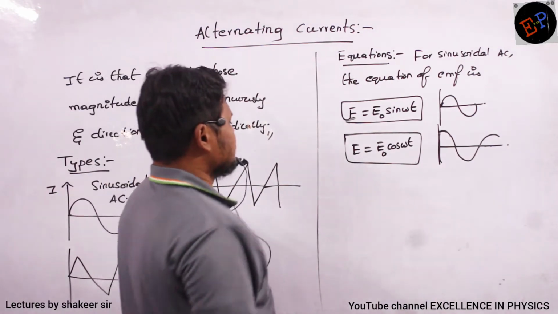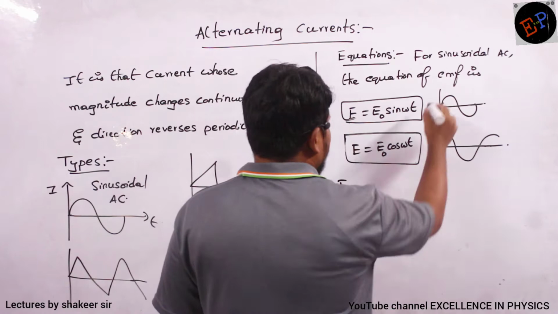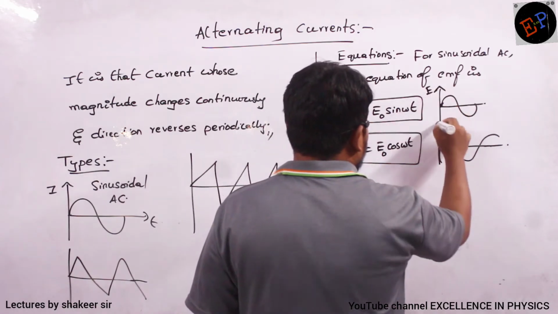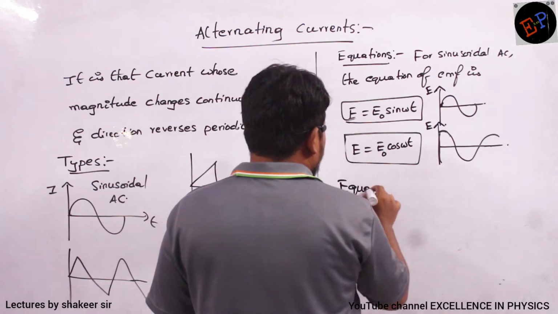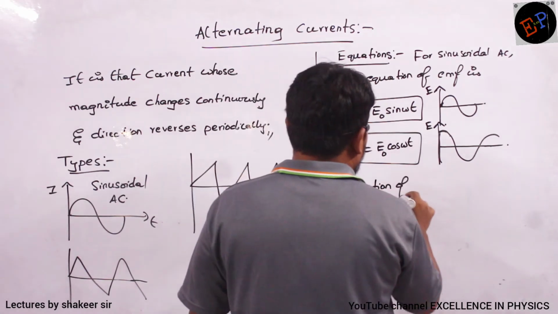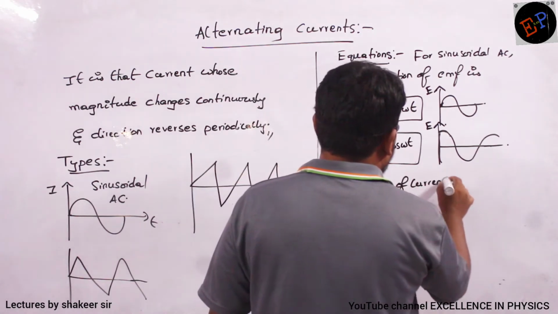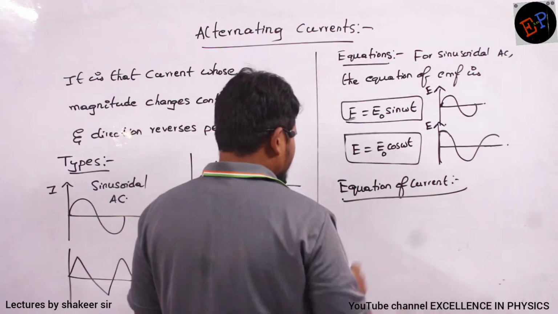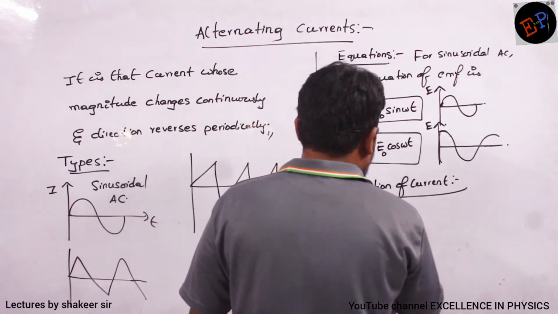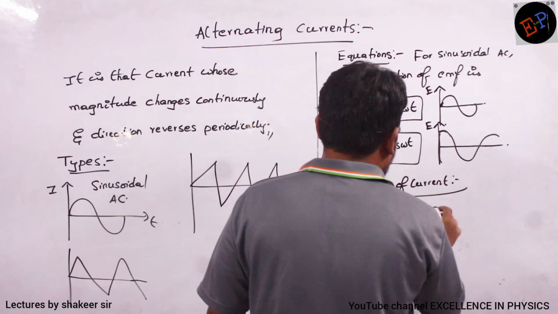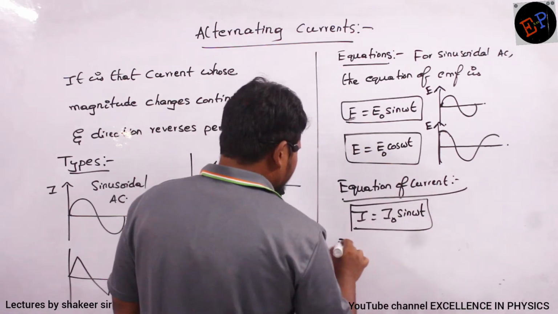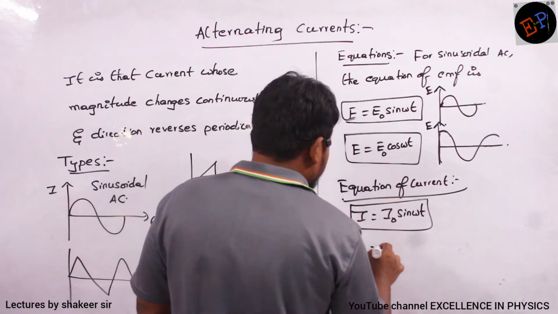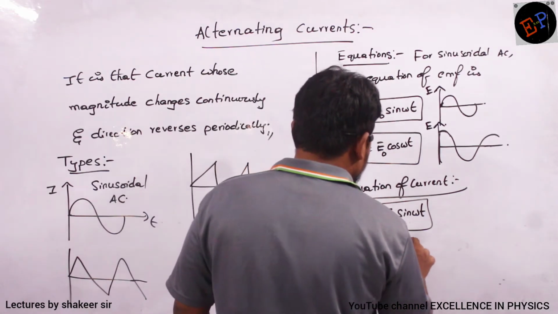Okay. Similarly, equation of current, how can I write? So these are the equations of EMF, supply voltage which we have given. And equation of current, how can I write? Equation of current is I is equals to I naught sine omega t. Okay, this is the equation of current. So where E naught and I naught, they are maximum values.